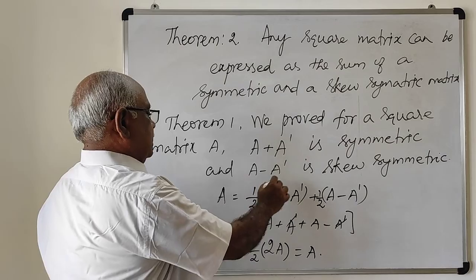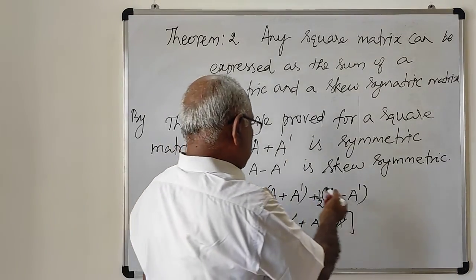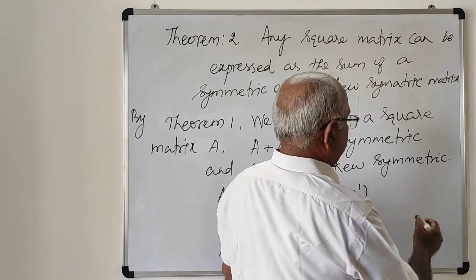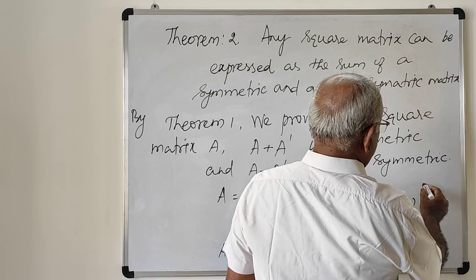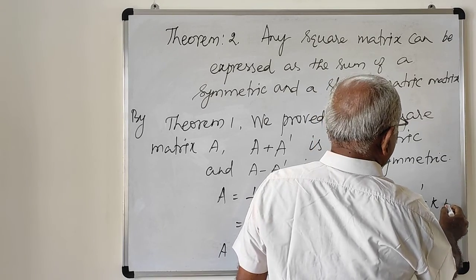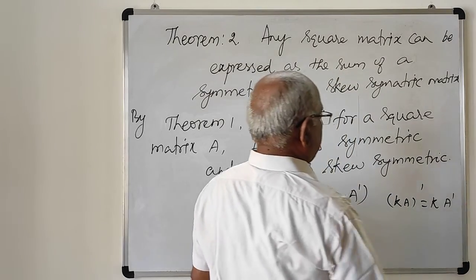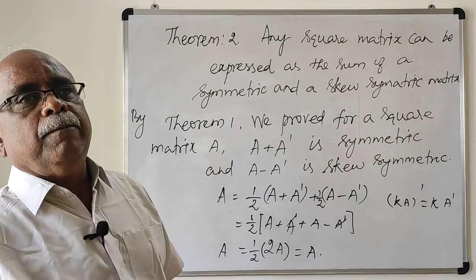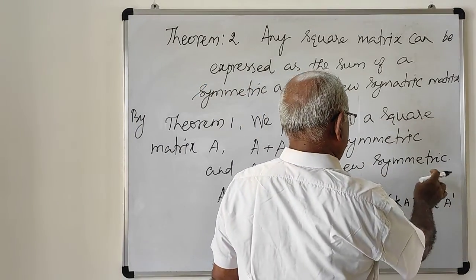So the symmetric matrix is A plus A dash, you know. But 1 by 2, this is also by a property of the transpose of a matrix. For any square matrix, K times A the whole dash is nothing but K times A dash. So a constant cannot affect the transpose of the matrix.